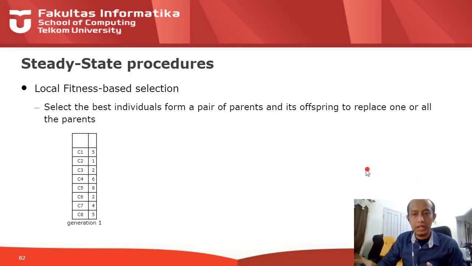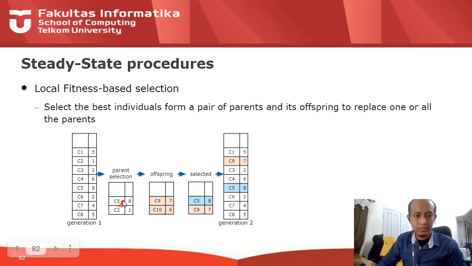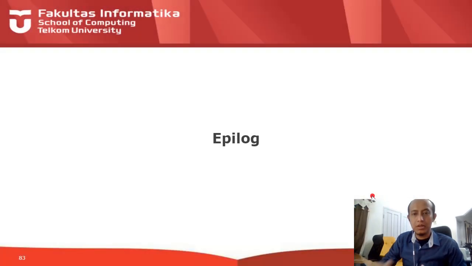In this case, we select the best individuals from a pair of parents and its offspring to replace one or all the parents. And those are the techniques needed for genetic algorithm.